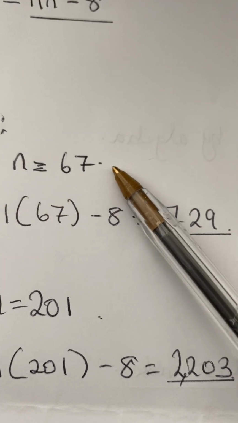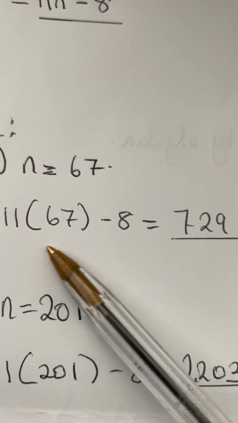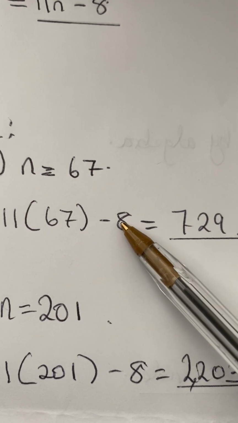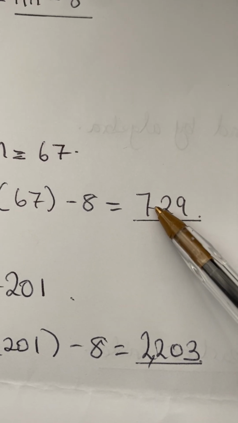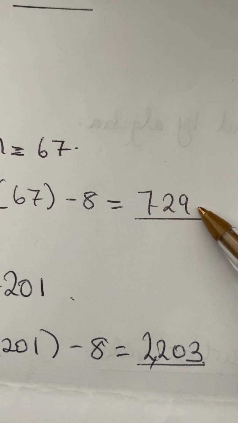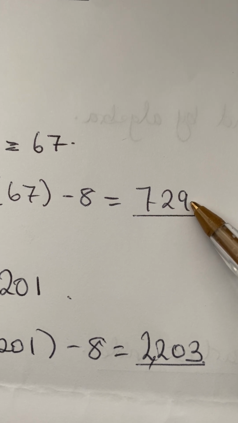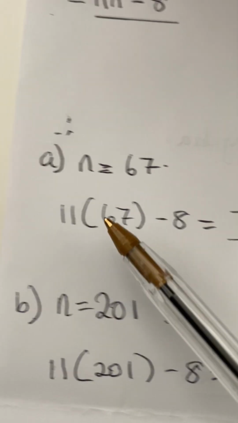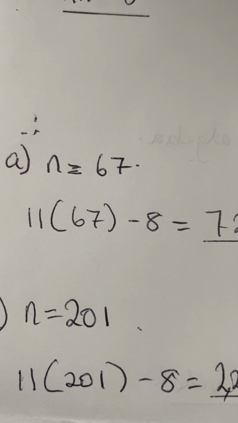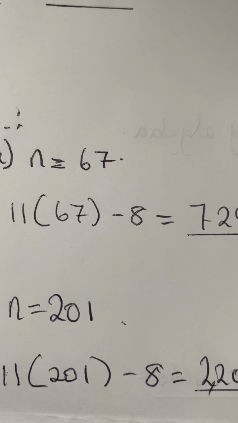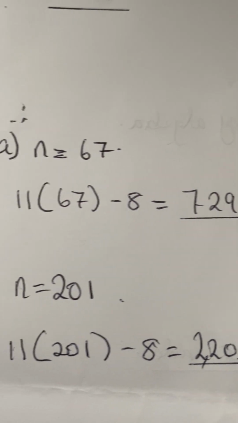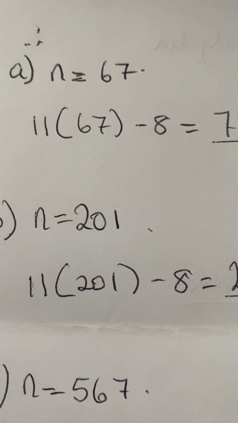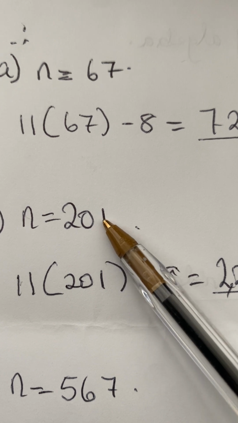So n is 67. So 11 times 67 minus 8. If you do it on the calculator, you have 729. So that will be the first answer straight away. Watch the video, it's very easy. Now B, 201st term.